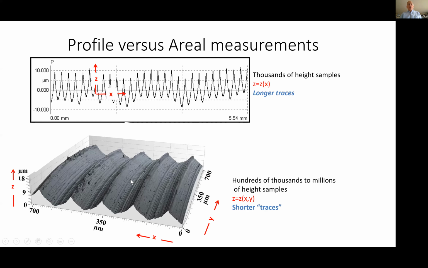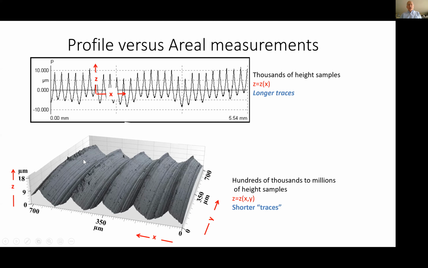The spatial variables are X and Y, and then vertical is Z, or the heights. This is much shorter, so going across here we've got about 5 feeds, and here we've got many more. So these tens of thousands are spread out over longer distances, and here we've got X and Ys. This is more conventional, and we're moving towards more surface measurements, but profiles are still widely used in industry.